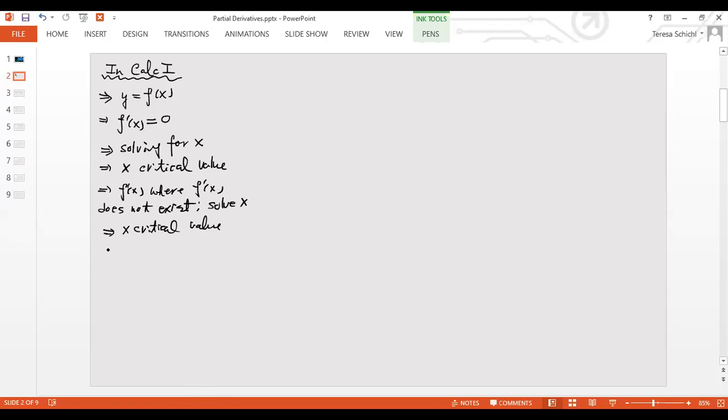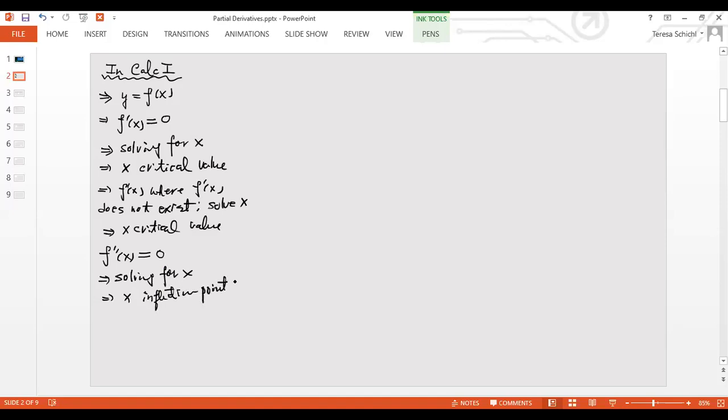Then the next thing, we talk about f double prime x. We set f double prime x equal to 0. After solving for x here, what do we call this x? We call it the inflection point.